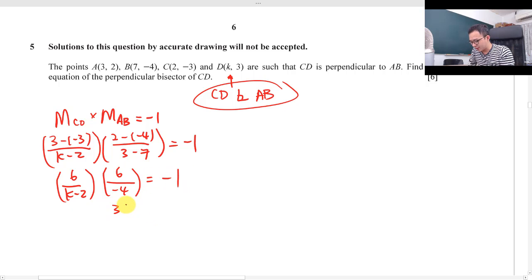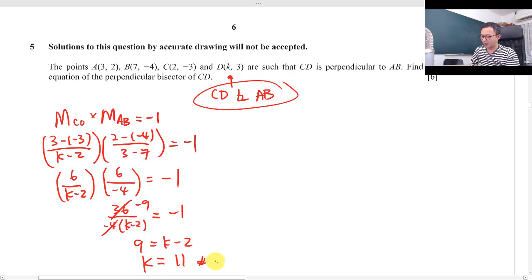So I got 36 over -4 times k minus 2. I do not want to multiply here because I want to leave it as -9. Then I shift over, so 9 equals k minus 2, and k equals 11. It's quite straightforward, this is how we get our k value.